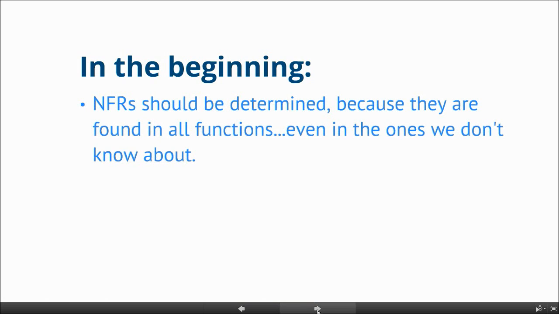A very basic example: if the client says, we want the GUI, the graphical user interface, to be very intuitive, you don't want to find that out halfway through, because you may already have had design sessions. You want to know that up front because it's going to influence all of your user interfaces.